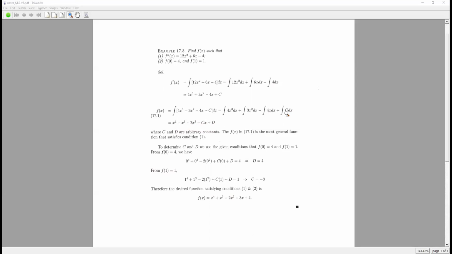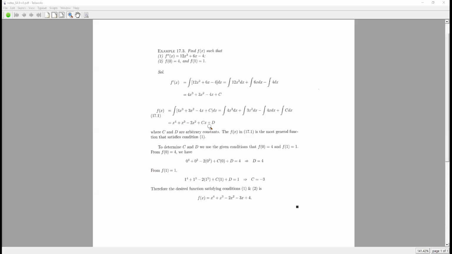And constant c antiderivative is c times x. Then add an arbitrary constant d. I use d because I have used c here. C and d are arbitrary constants and they are independent of each other.